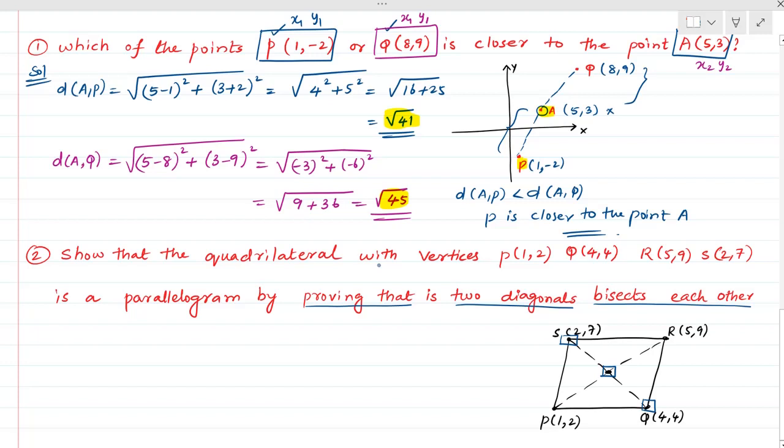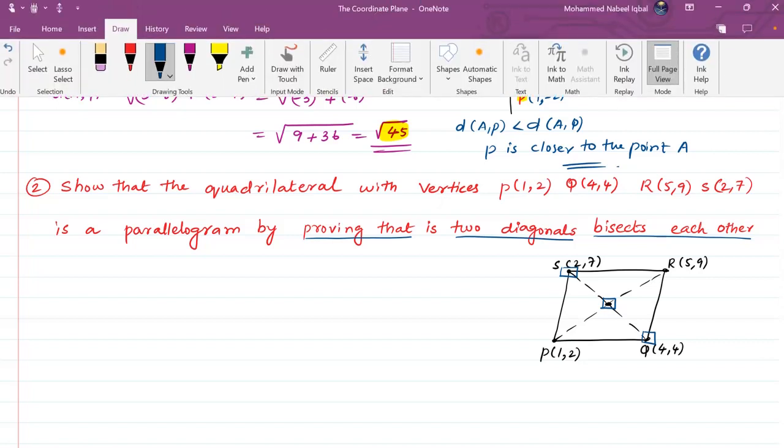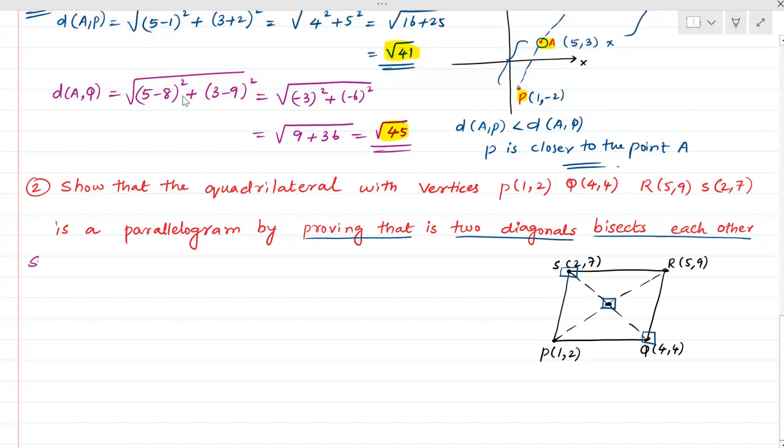So how will you calculate the midpoint of these two points? Using the formula. Let us start with PR, the midpoint of P and R. Take the average. The rule is (x1 plus x2) over 2, comma, (y1 plus y2) over 2.